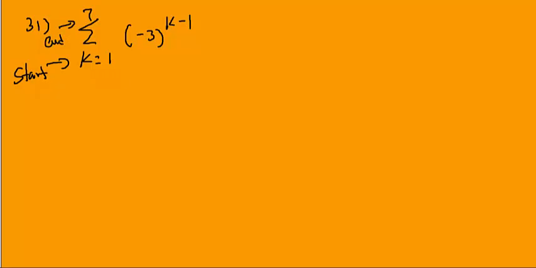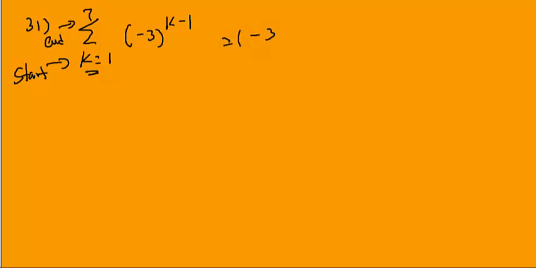Let's start with 31. They give us, in summation notation, k is equal to 1 to 7, and then negative 3 to the k minus 1. So remember, I told you this is always the start, and this is the end. In this situation, k is where we're going to start.